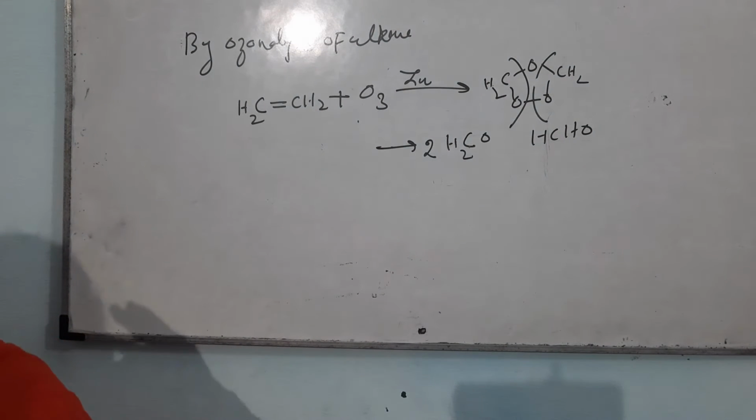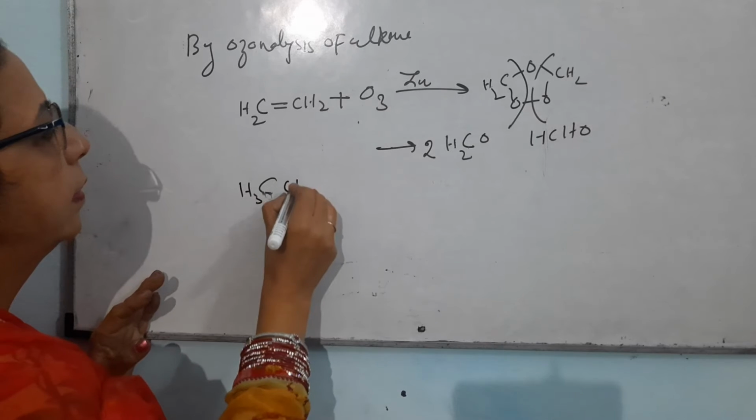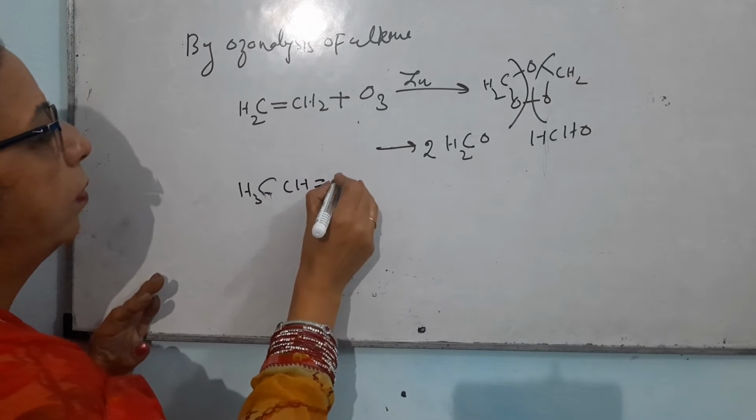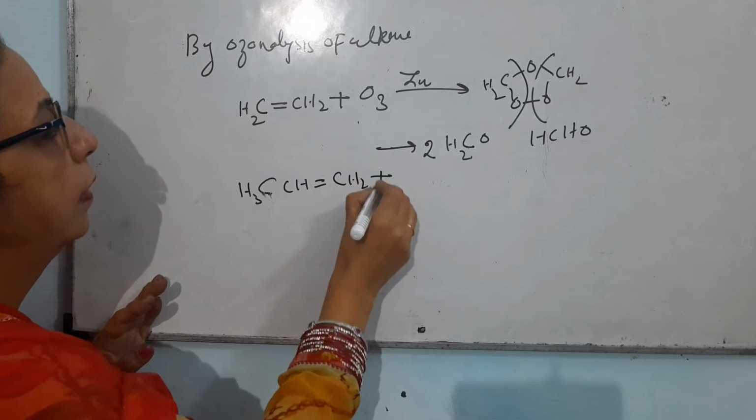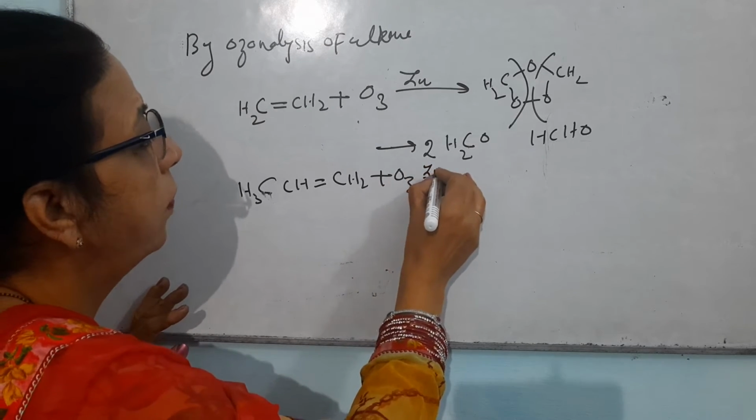I can take more examples in this case too. Now, if the reaction is taking place with propene, that is CH3, CH, double bond, CH2, the ozonolysis takes place in the presence of Zn.